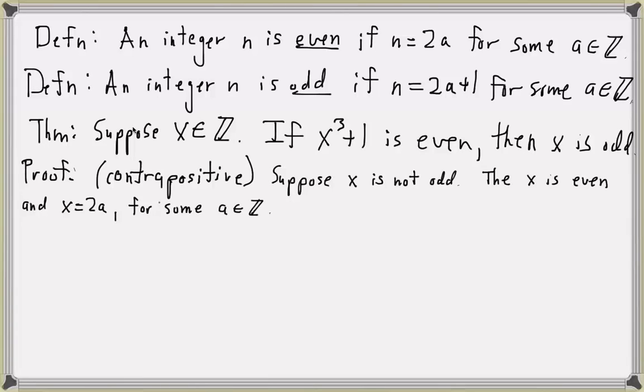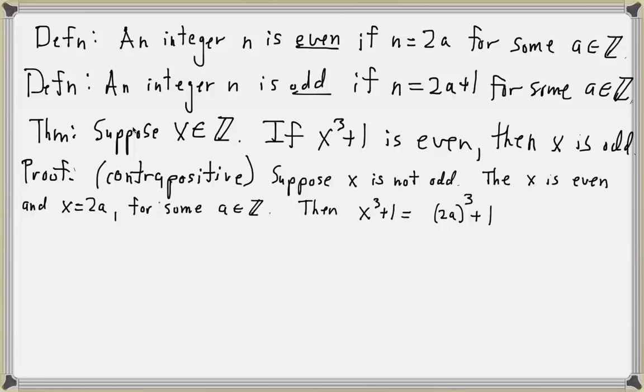Now let's use this expression for x in the quantity x cubed plus 1. Then x cubed plus 1 equals the quantity 2a cubed plus 1. Now this expression definitely looks odd to me.